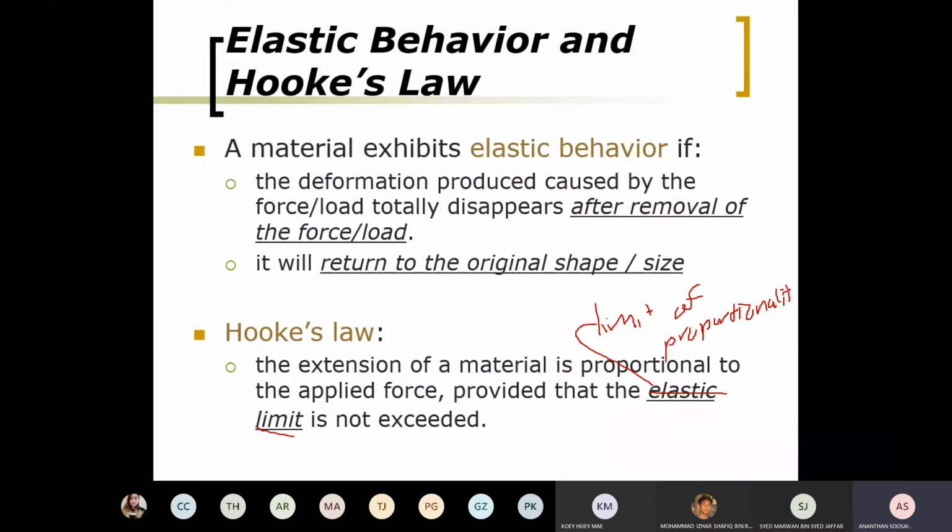That's the new term we're going to use. If in the exam you use elastic limit, you lose 1 mark already. It's wrong. Hooke's law: extension is directly proportional to the force applied as long as the limit of proportionality is never exceeded, not elastic limit. Please put that in your mind.